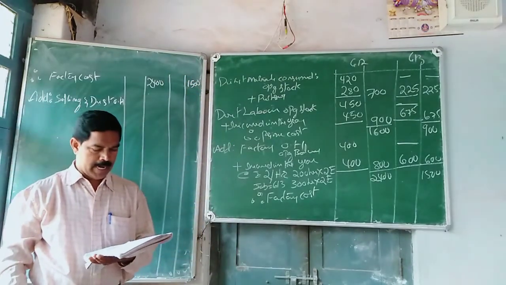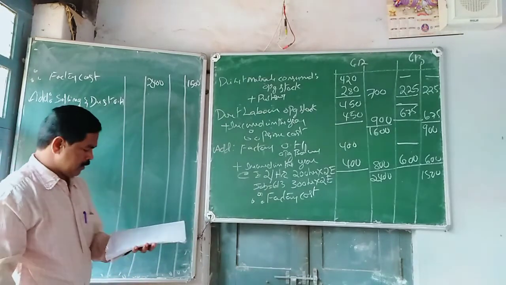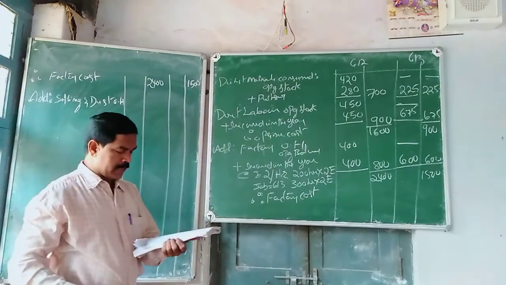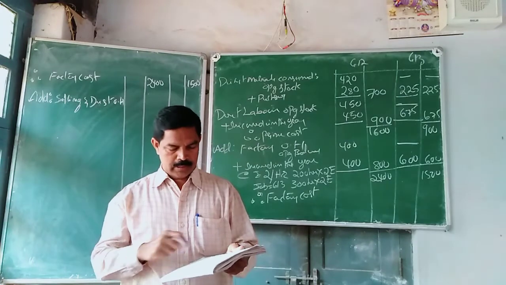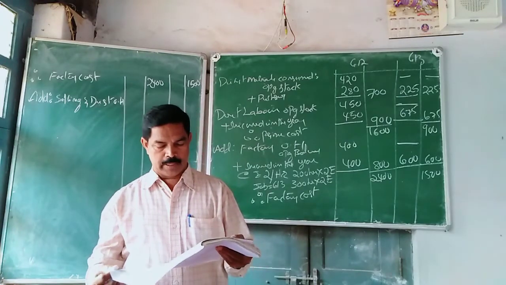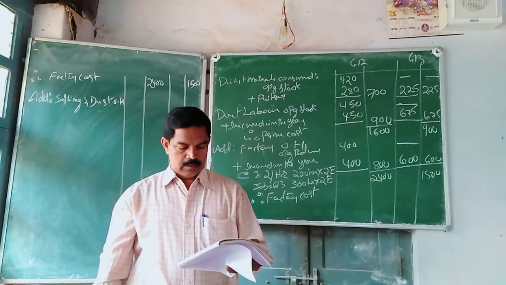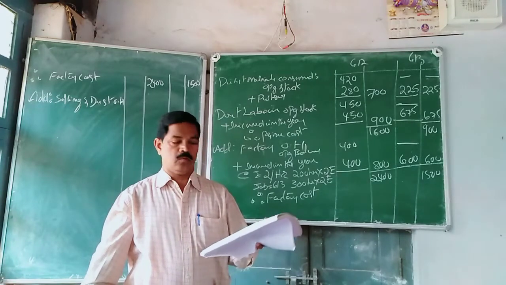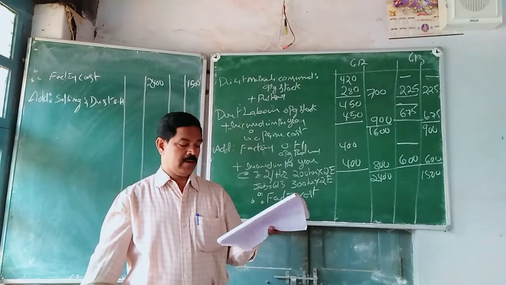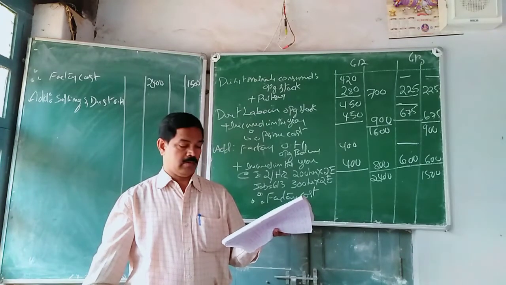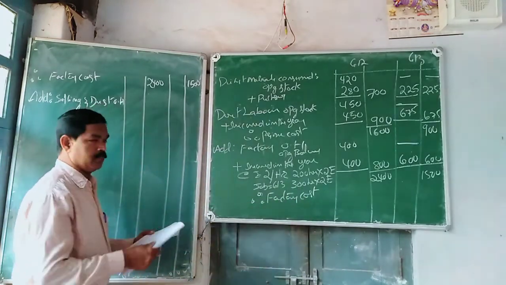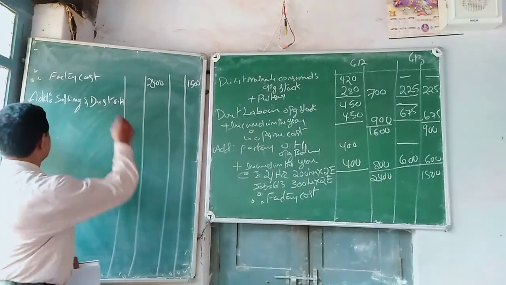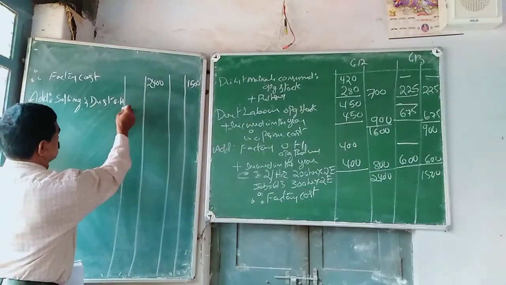To this we add selling and distribution overheads. Here selling and distribution overhead is not given. It is asked to calculate it. The price includes 15% of the price of the job for selling and distribution overhead, and 10% for the profit.